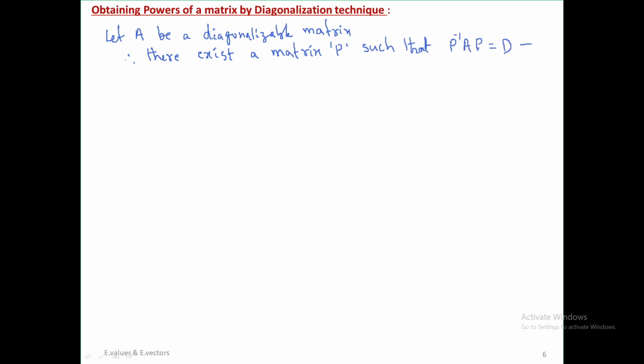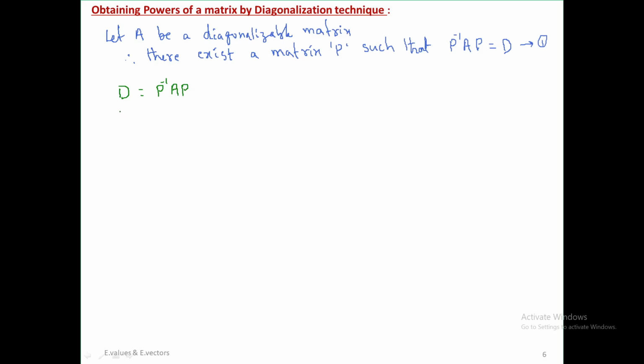Take this result as 1. Now what I am doing is taking that result repeatedly. So D is equal to P inverse into A into P, right?